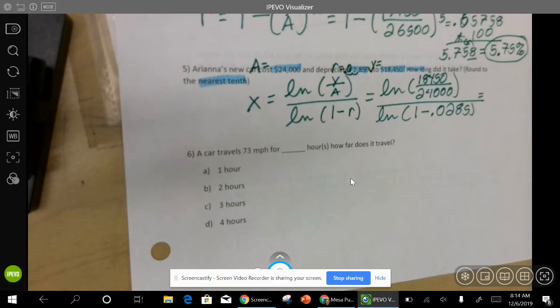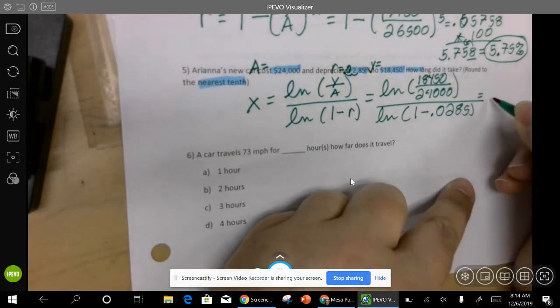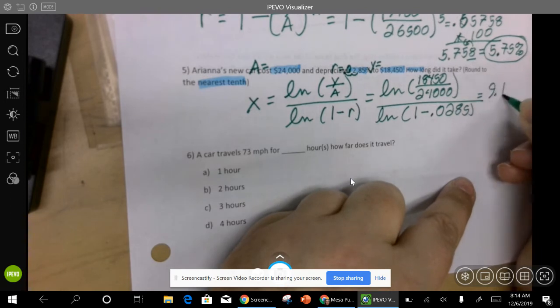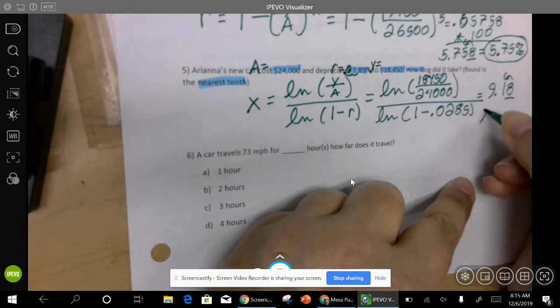Natural log of 18,450 divided by 24,000, and then natural log of 1 minus 0.0285. I got 9.18. Remember, 5 and up, round it up. The tenths place is the first decimal place, so it's going to be 9.2 years.